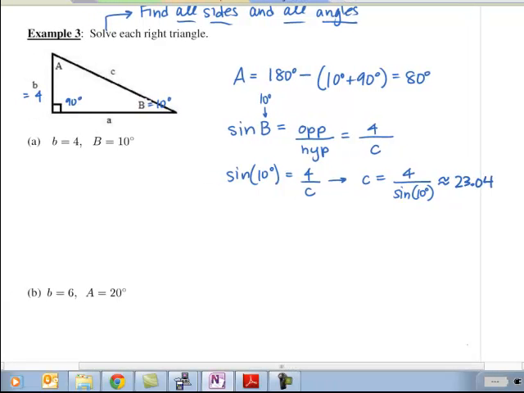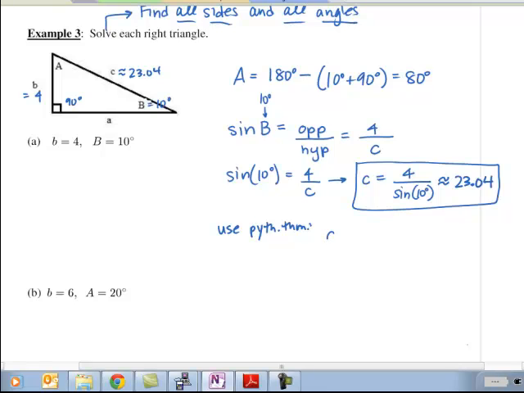And when we have two sides, so now we have side C and we have side B, now I use the Pythagorean theorem to get the third side, which is not the hypotenuse, so we would use a squared plus b squared equals c squared. We don't know a at this point.